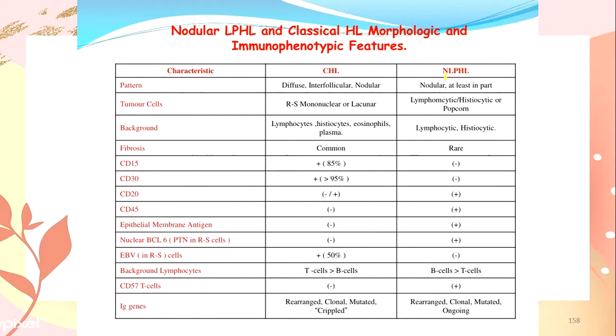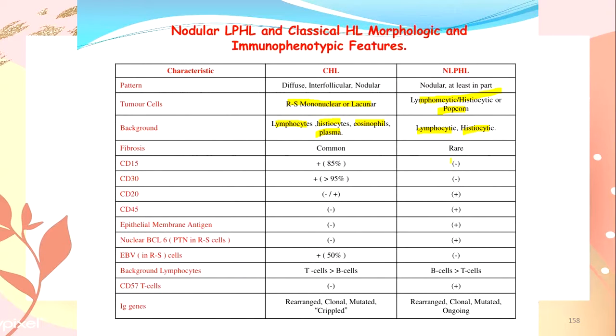In NLPHL, the type of RS cell present is the lymphohistiocytic or popcorn cell, while in the classic form, RS mononuclear or lacunar cells are present. The background cells in NLPHL are lymphocytes and histiocytes, while in the classic type they are lymphocytes, histiocytes, eosinophils, as well as plasma cells. Fibrosis is rare in NLPHL.